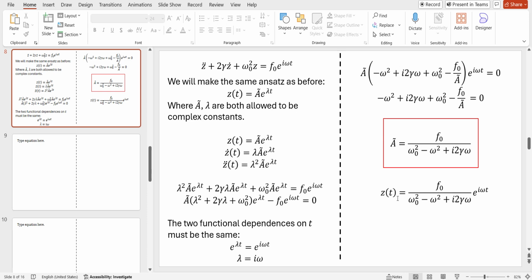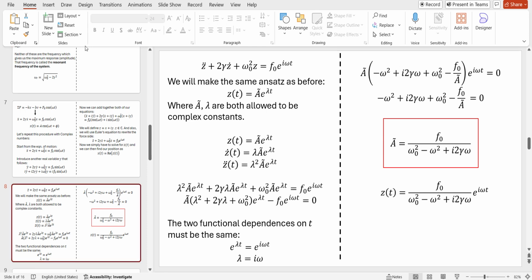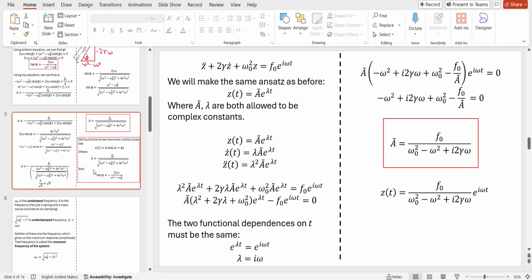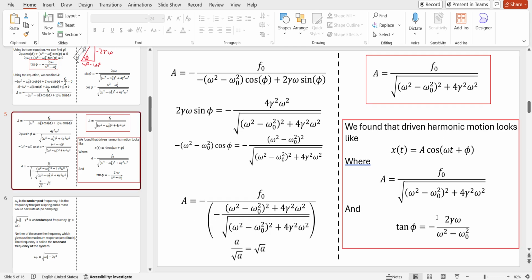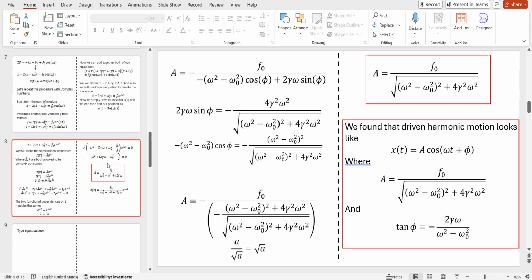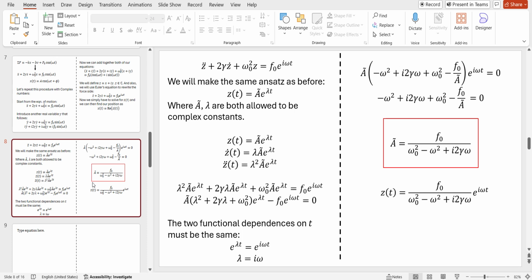So hold on a minute. When we did it with the real numbers, which was maybe more intuitive, during the whole process we had to find a, which was a real number and looked like this. And we also had to find phi. So how come now we just had to find a only?